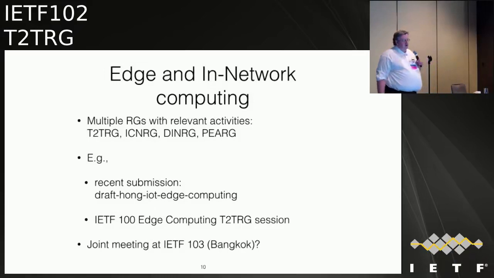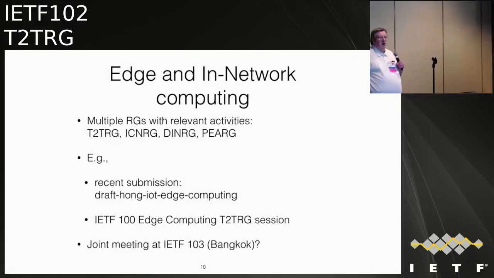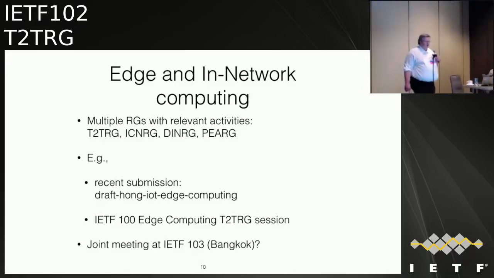The DINRG has ideas how to provide a decentralized infrastructure, which is exactly what this is, and provide, for instance, consensus for that. I'm trying not to say the word blockchain, because it may be a different form of consensus. And finally, a new research group is being proposed, the privacy analysis research group. I forget what the E was for. And all these things, of course, have a privacy implication, which is not trivial because these networks will be multi-stakeholder networks. You have to make sure you understand what you're doing.